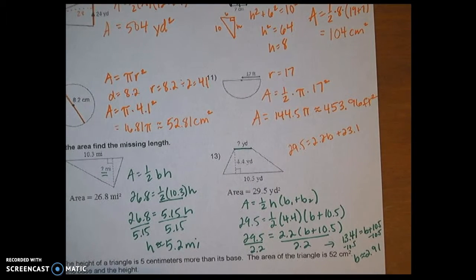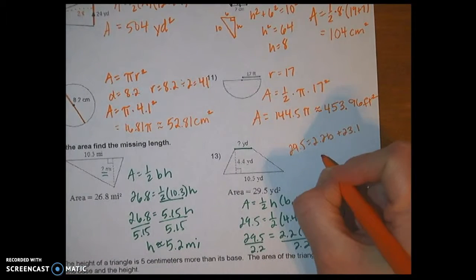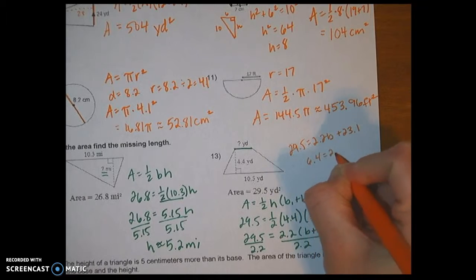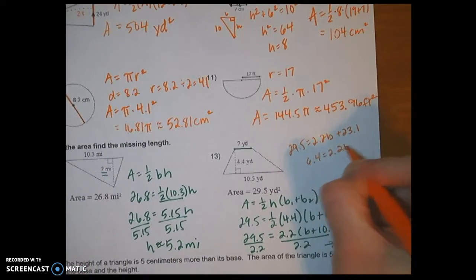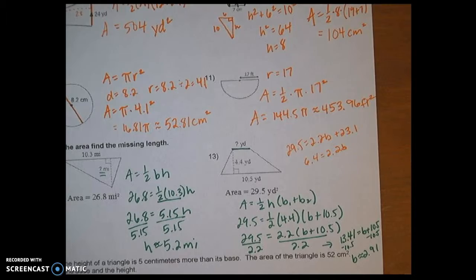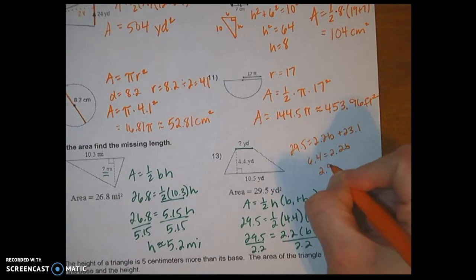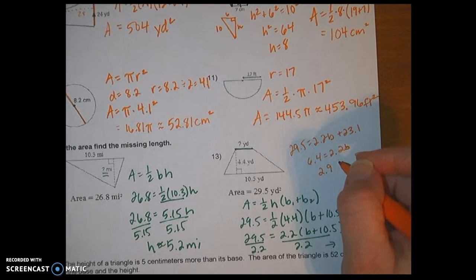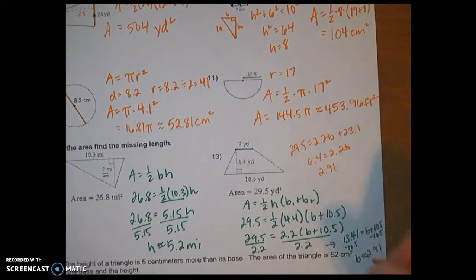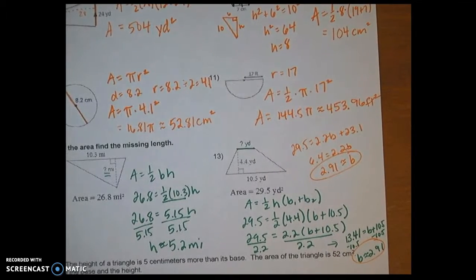When you solve here, you end up with 6.4 equals 2.2b. And when I divide that 6.4, I'm still going to get the same thing. It's going to be 2.909090, which approximates to the same as that one was down here.